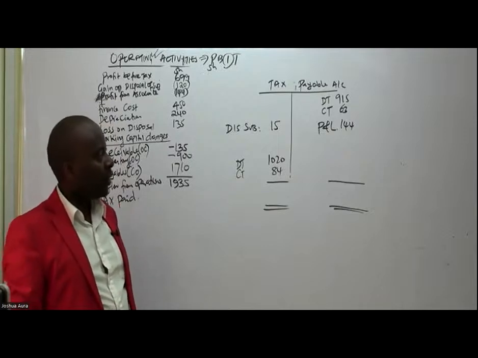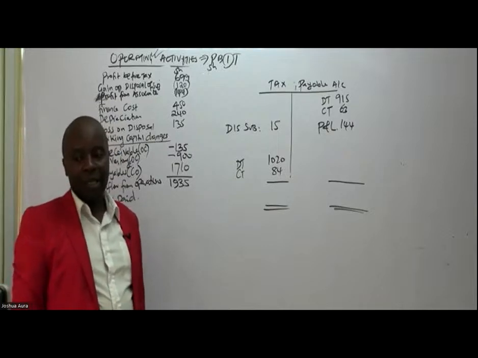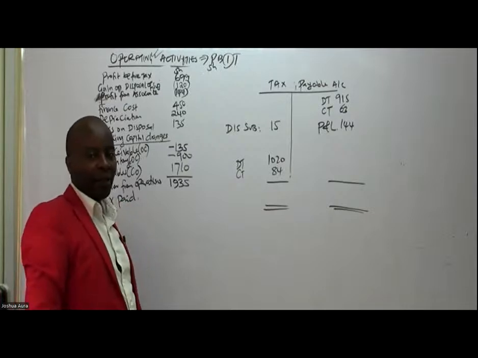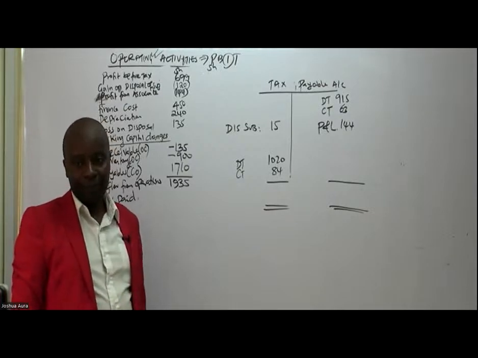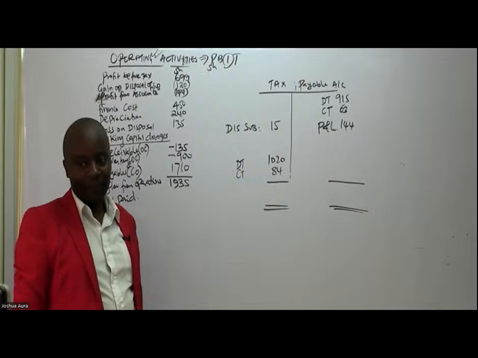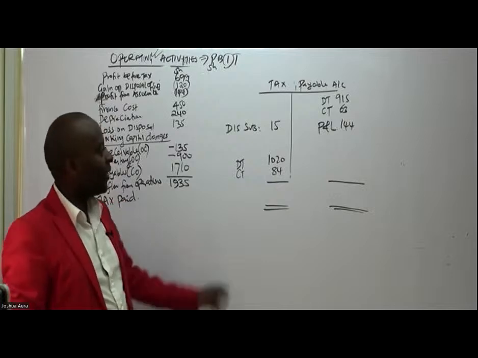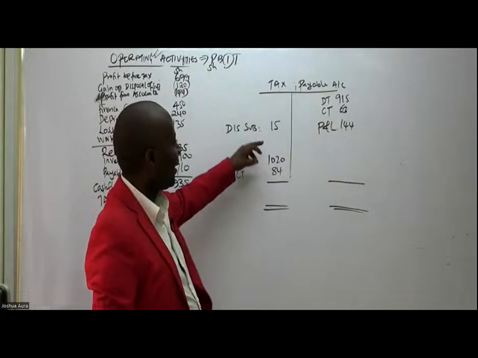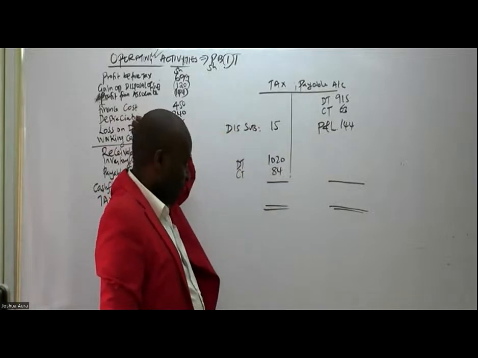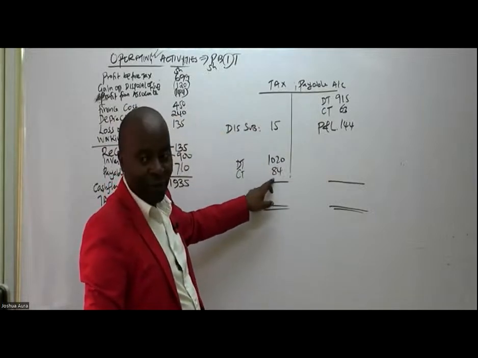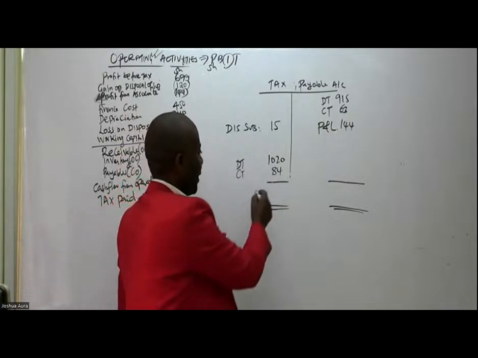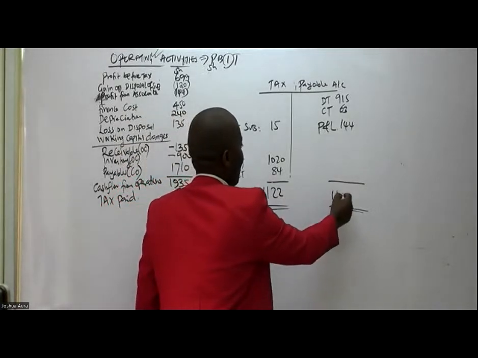If it's debit, give me the total for the debit. Which side is bigger here? 1035 plus 84, I think this side will be bigger, right? 1122.